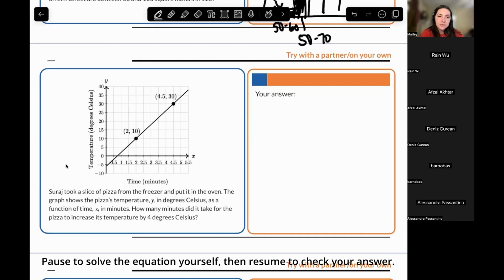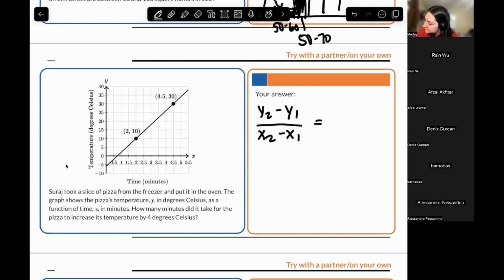I forgot what it's called, but I did y final minus y initial over x final minus x initial. Yep. And then what did you do? That equals the slope, and I found the slope to be 8, and you're trying to find when it rises 4 degrees Celsius, which is half of 8.